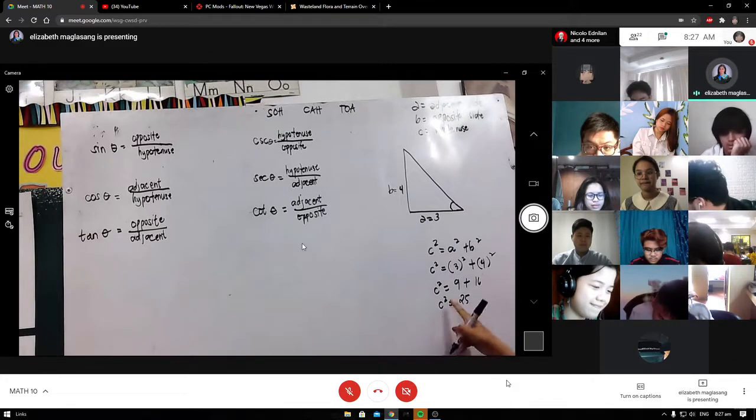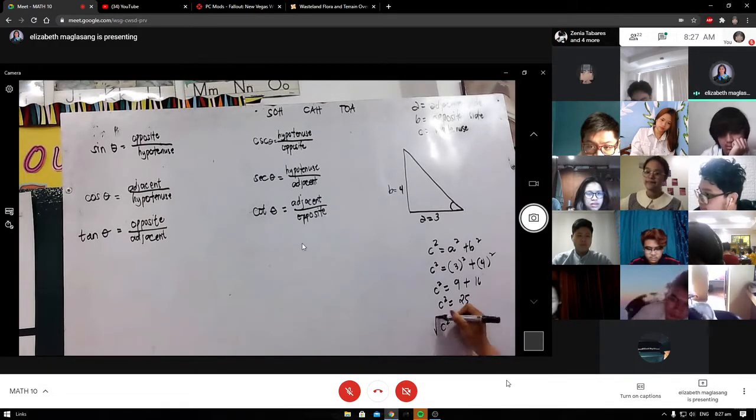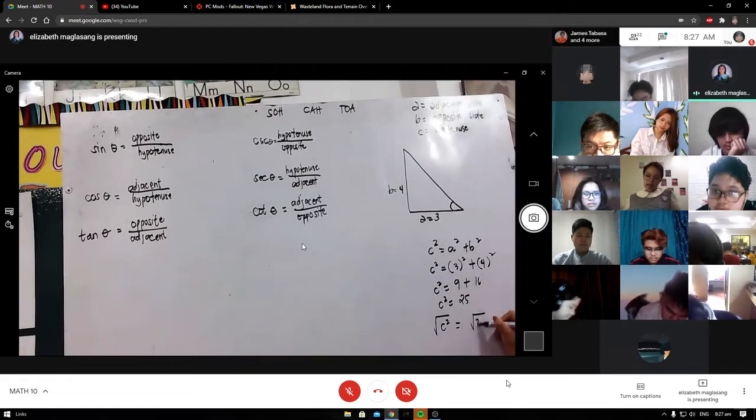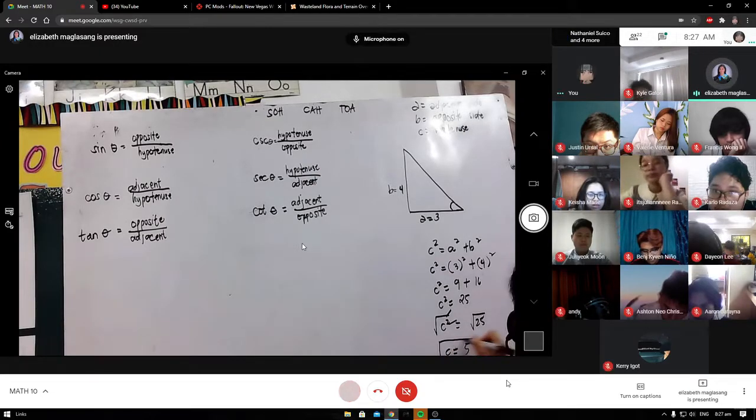So we extract the exponent: C squared equals 25, cancel the square and the square root. The C will remain. The square root of 25 is 5. Okay, so we have now the side C.